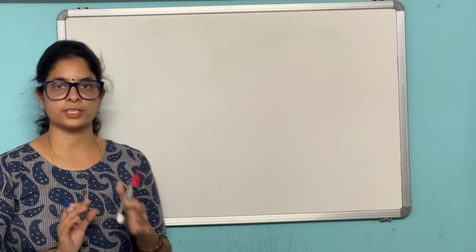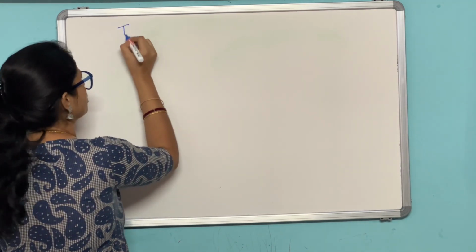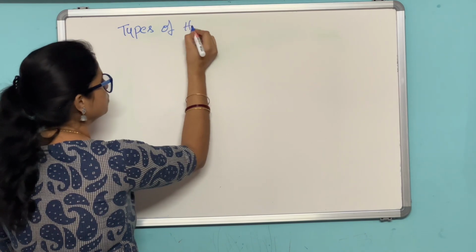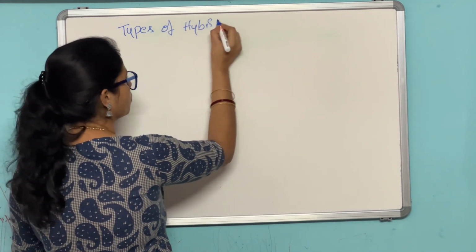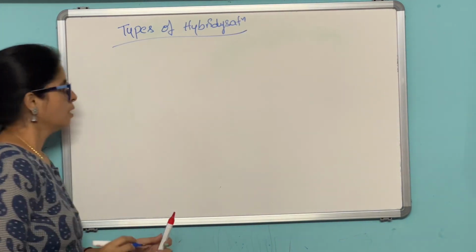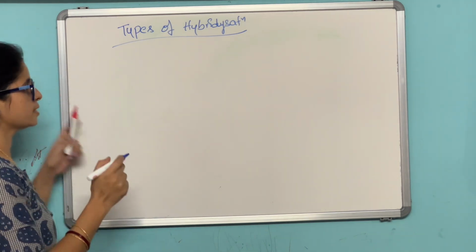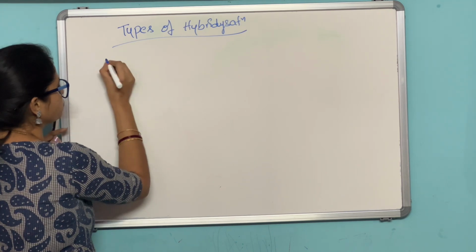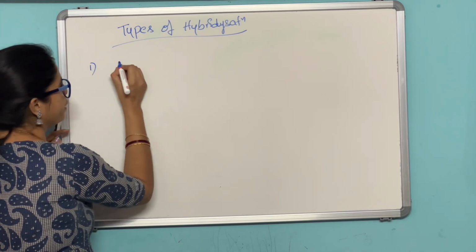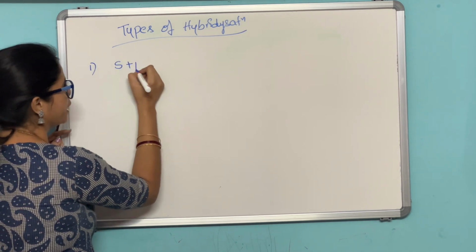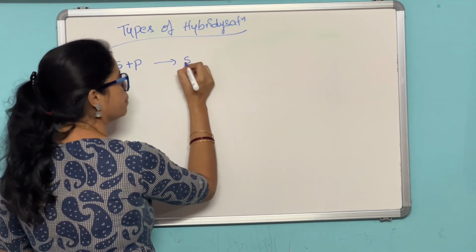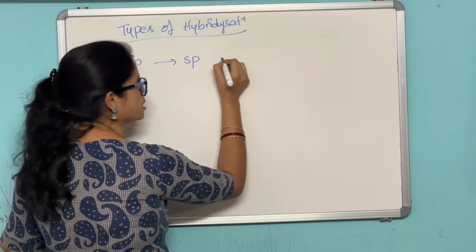First I want to discuss the types of hybridization, so you note this in tabular form. First one: if one s orbital and one p orbital overlap, the type of hybridization is sp hybridization.